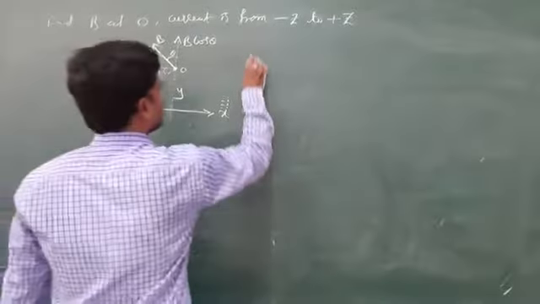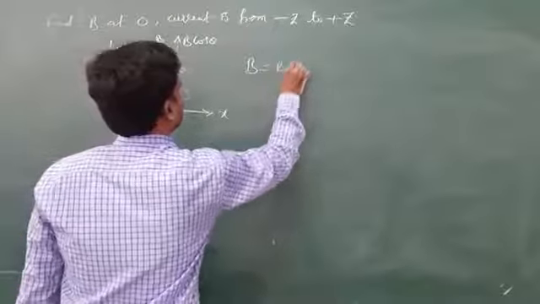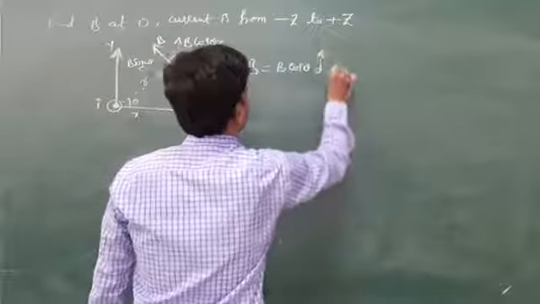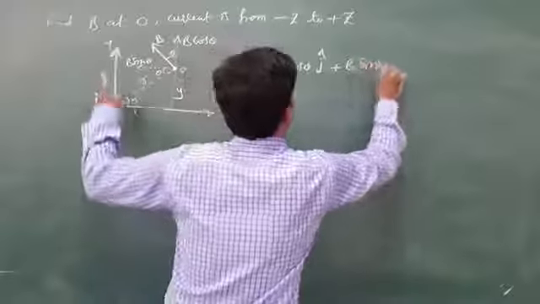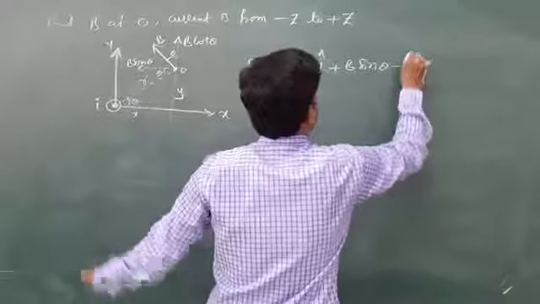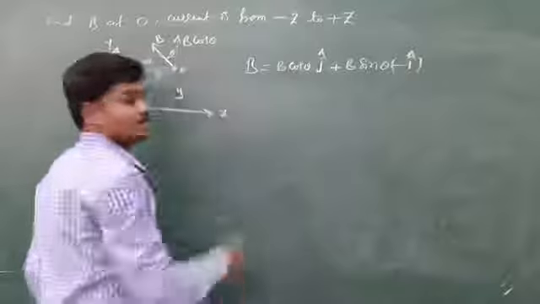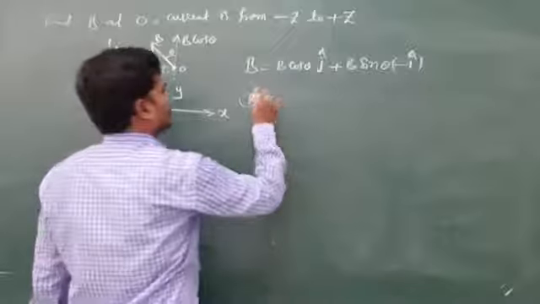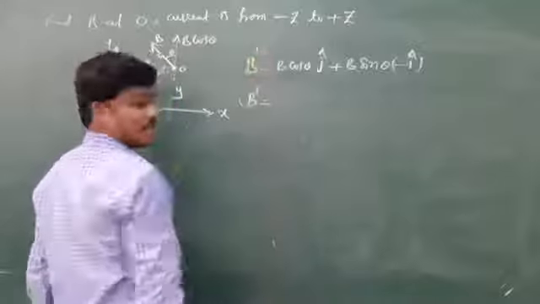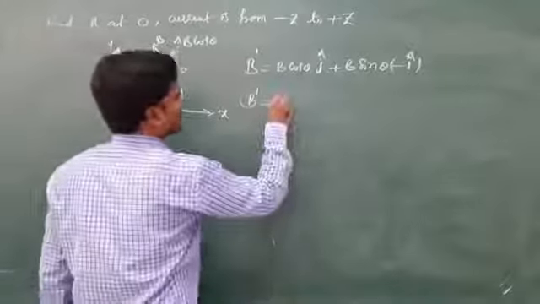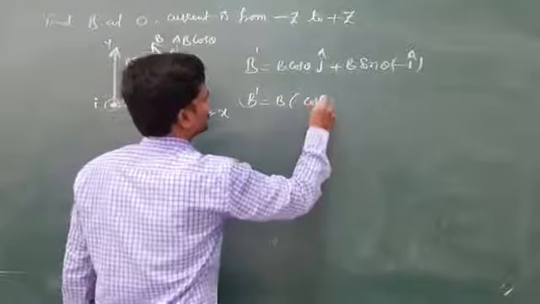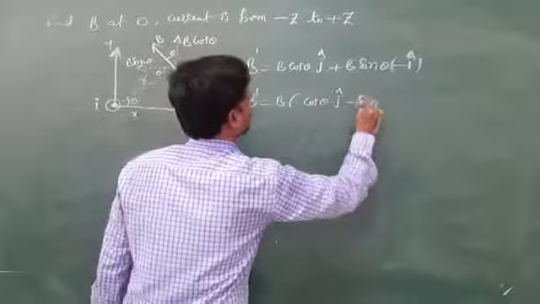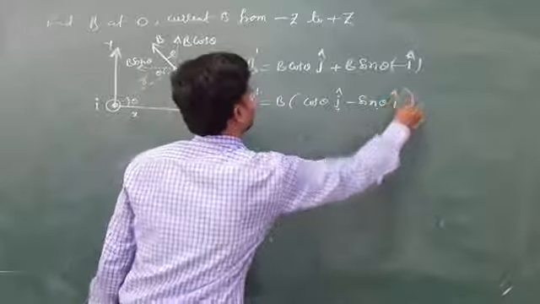So the net magnetic field is B cos theta upward, j cap, plus B sin theta to the left side, minus i cap. Anyhow, B is the same. So this is the net magnetic field B dash: B cos theta j cap minus sin theta i cap.